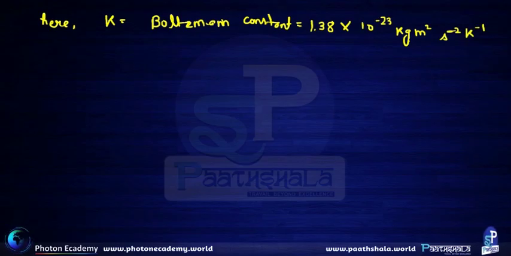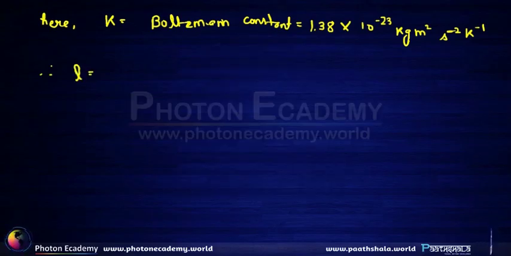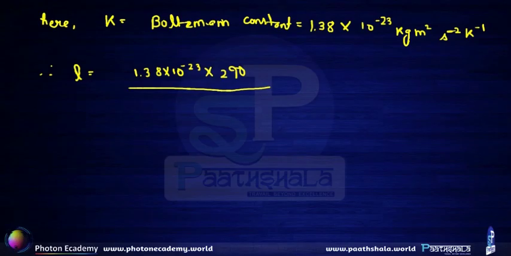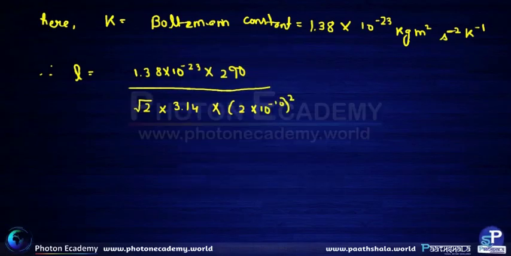So we'll just substitute all the values inside this formula of L. So k is equal to 1.38 into 10 raised to the power minus 23. Temperature is 290, root 2, and D square is 3.14 into 2 into 10 raised to the power minus 10 whole square, into pressure.